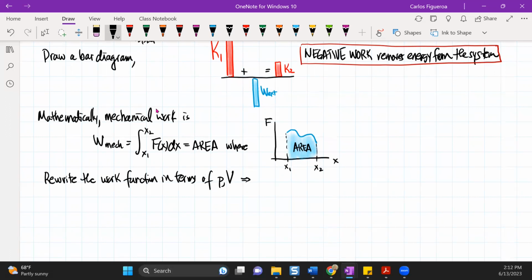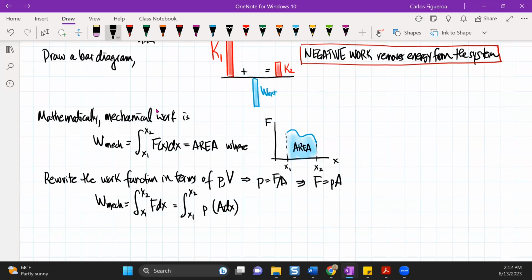From the definition of pressure, I can rewrite the force as pressure times area. Substituting this in, the mechanical work is again force times displacement, but now it's pressure, and then area times dx.